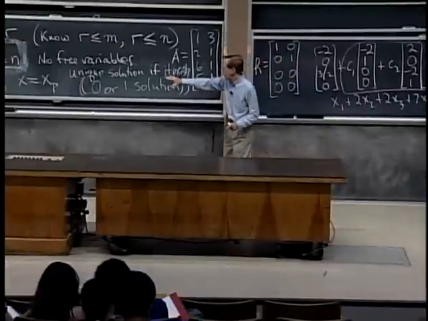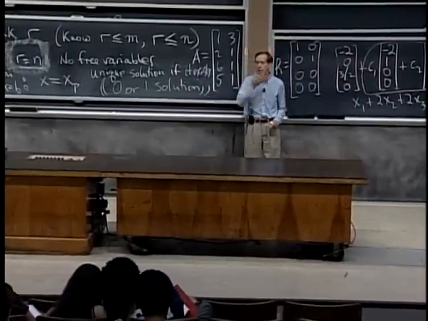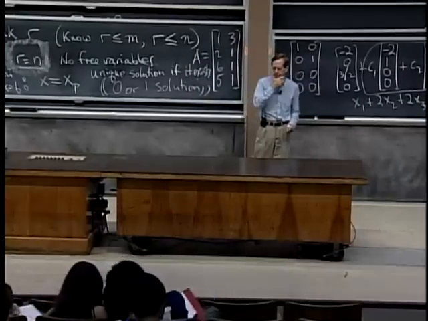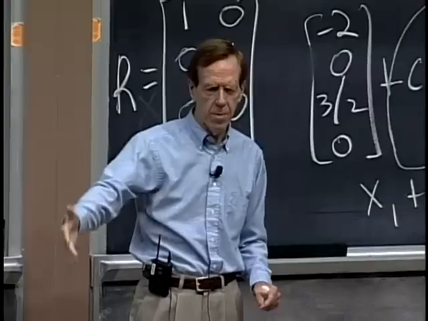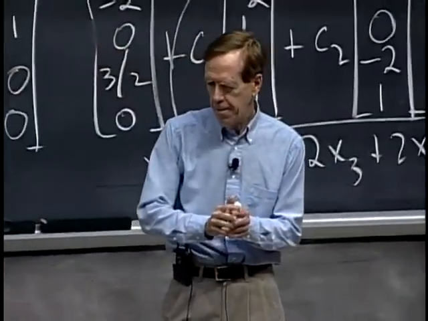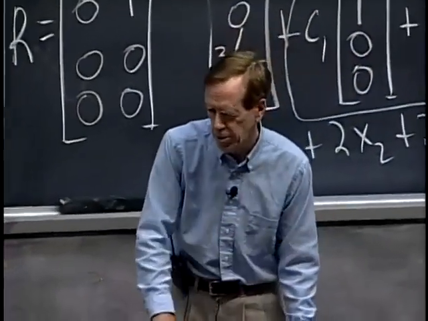So there's nothing in the null space, but is there always a solution to Ax equal b? What's up with Ax equal b? I've got four equations here and only 2 x's. So the answer is certainly no. There's not always a solution.